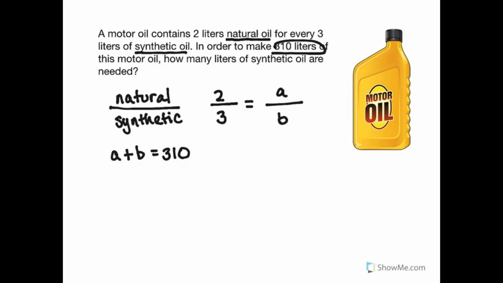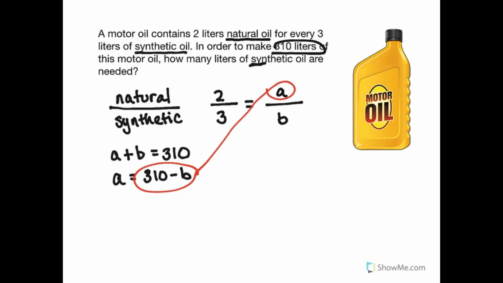I want to find the synthetic. That's what I'm looking for in the end. So if I solve for B in the whole equation, that will give me the number of liters of synthetic oil. So I'll replace A with an expression in B. A equals 310 minus B.